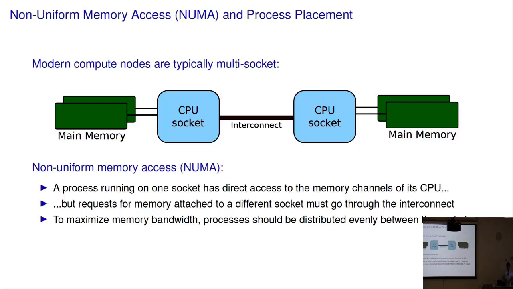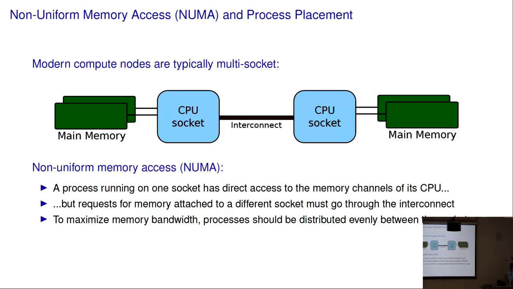A process running on one socket has direct access to the memory channels of its CPU, but requests for memory attached to a different socket have to go through the interconnect. This interconnect may be a ring bus, or in Knights Landing or the new Skylake server, it's a 2D mesh, but it's some kind of interconnect that sits on the motherboard.